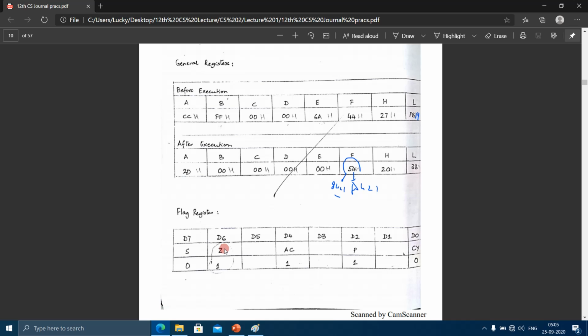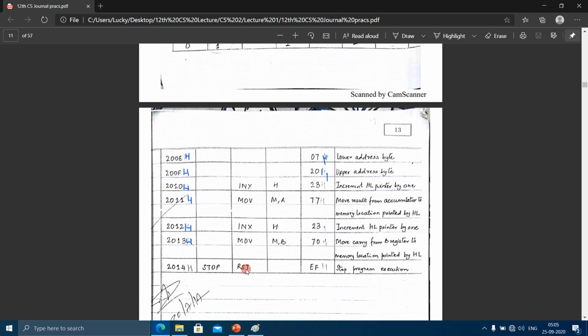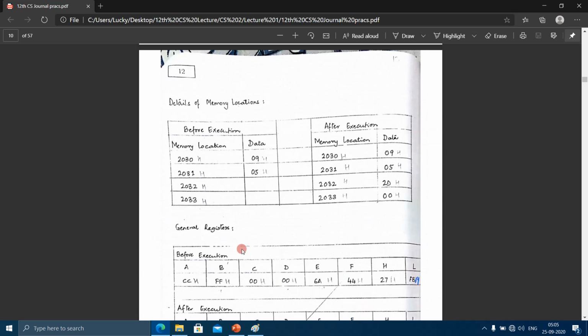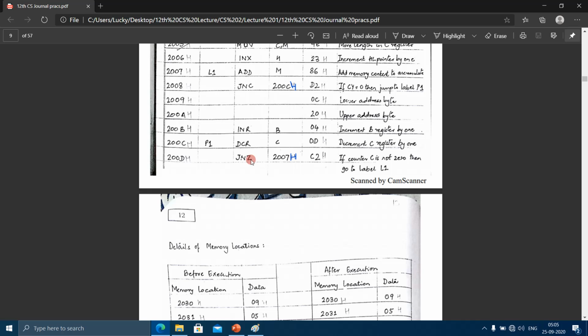Like here, when we perform this instruction, JNZ, that means jump if not 0. When C becomes 0, this condition is not satisfied. When the condition is satisfied, it will jump to location 2007.